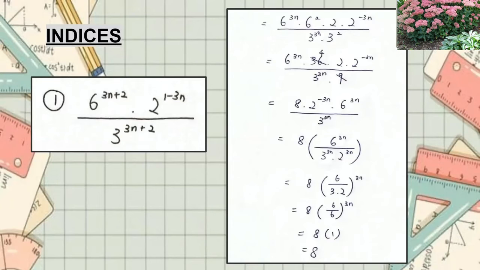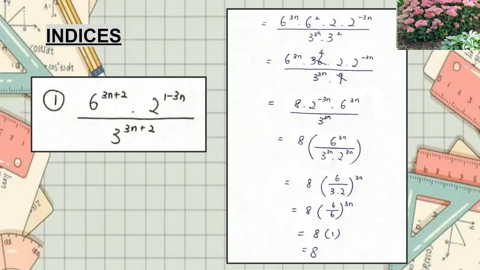6 power of 2 is equal to 36, and 3 power of 2 equals 9, and 36 divide 9 you get 4, and 4 times 2 you get 8. The 2 power of negative 3n you can move down to become the denominator, and it becomes 2 power of 3n.